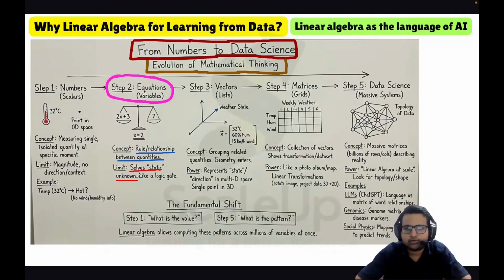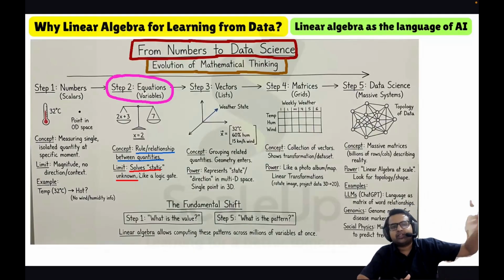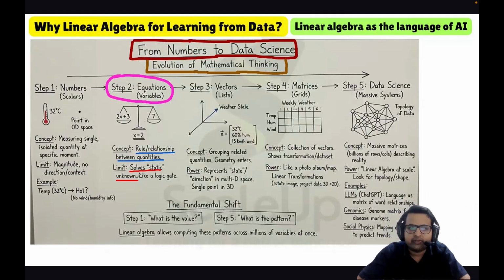But what if we are trying to analyze a dynamic system wherein the relationship is also changing? If the relationship is static, we can make use of equations. But if the parameters are changing, then we will need something called calculus. We have to measure the change. At that time, there was no calculus. So that is the limitation of equations.